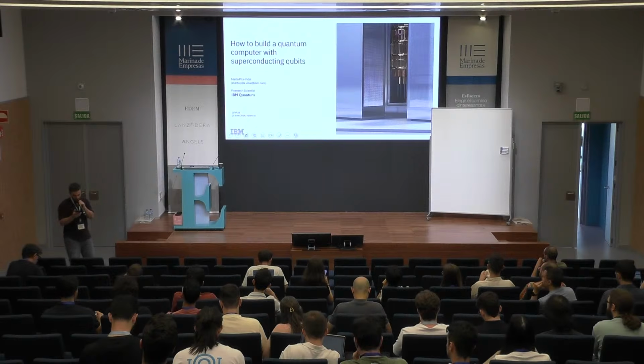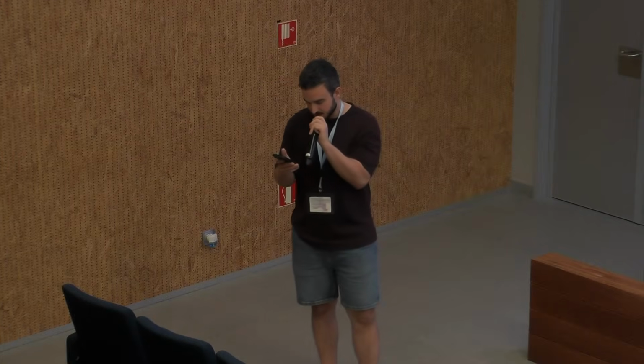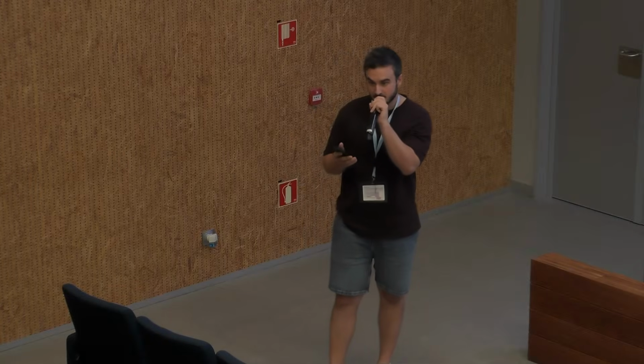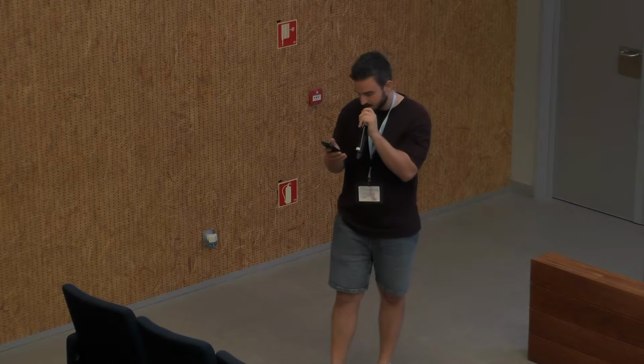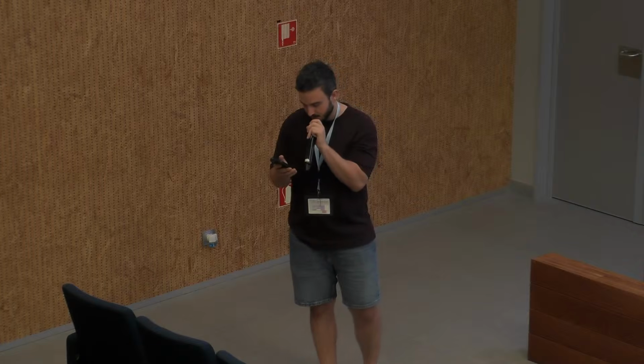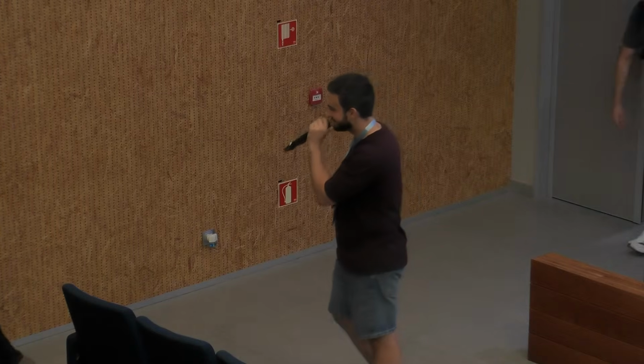And prior to that, during her PhD at QTech in the Netherlands, she developed hybrid qubits based on the combination of superconducting circuits with semiconducting nanowires. She has also worked on 2D materials at MIT and also at ICFO in Barcelona. So thank you very much, Marta, and the floor is yours.